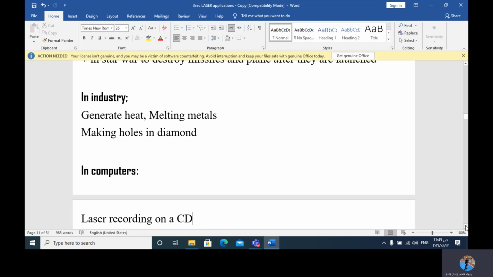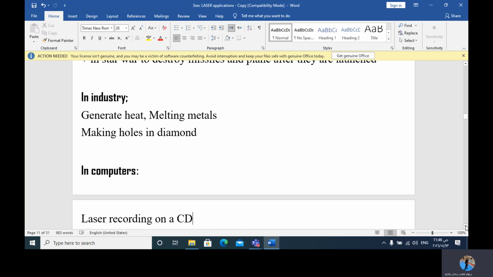It is only in the position needed, exactly at the point that you want. So for example, you can have a metal and you want this metal to melt at specific points. So the heat will be very high at specific points, not everywhere in the metal. And this provides a very accurate melting technique for metals.